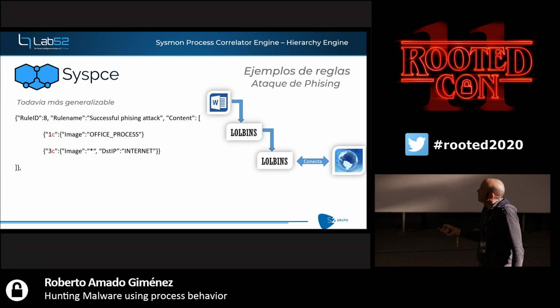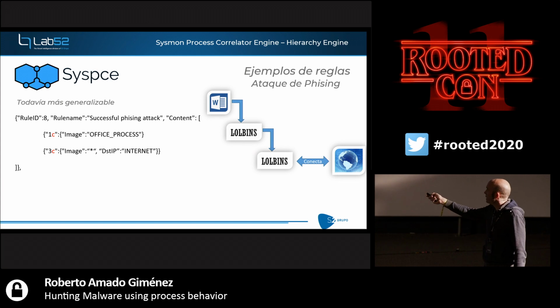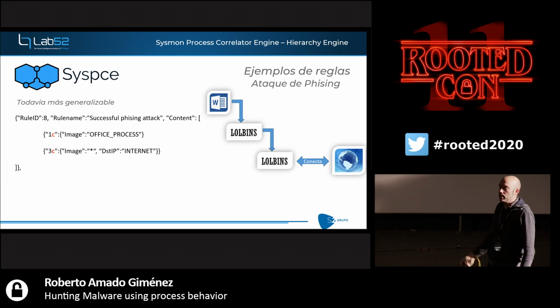We could do it in a more generalizable way. All Office processes that in the end are underlying creating other processes getting connected to the internet. That's anomalous. The attacker would say, we'll create a LOLBin and not make suspicious aspects, then we'll download the malicious artifact.